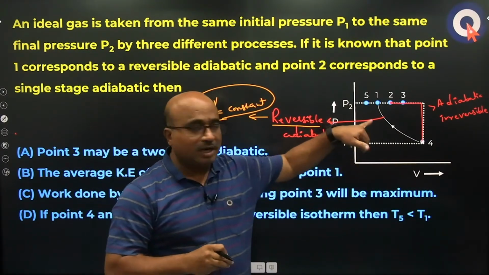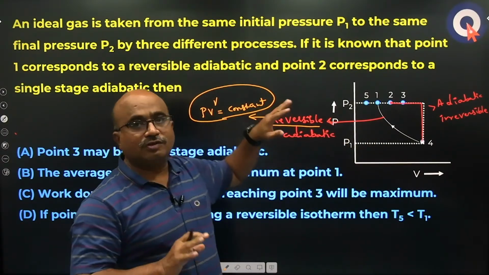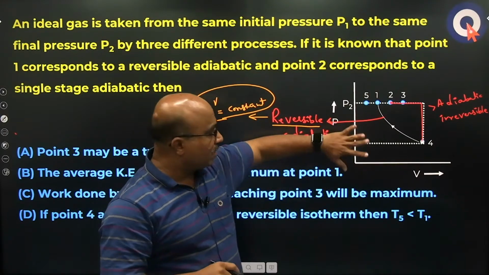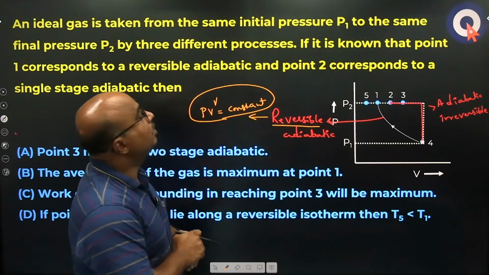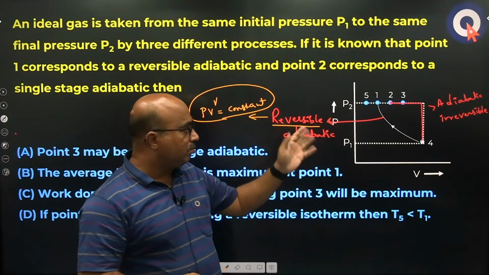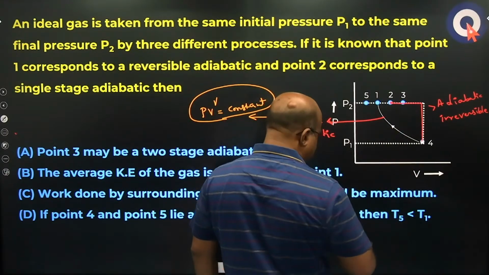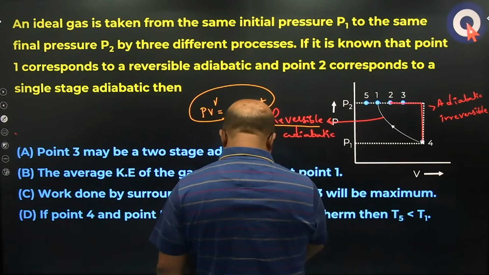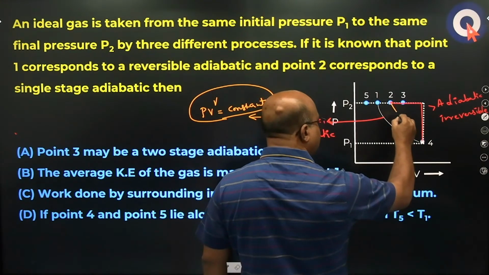For an adiabatic irreversible process, we can't say PV power gamma is constant, because the graph cannot be defined properly. We can't write graphs for any irreversible process. So what we see in this case is irreversible and reversible. If you just see the graph here, we use the graphs to define the work done and all that.